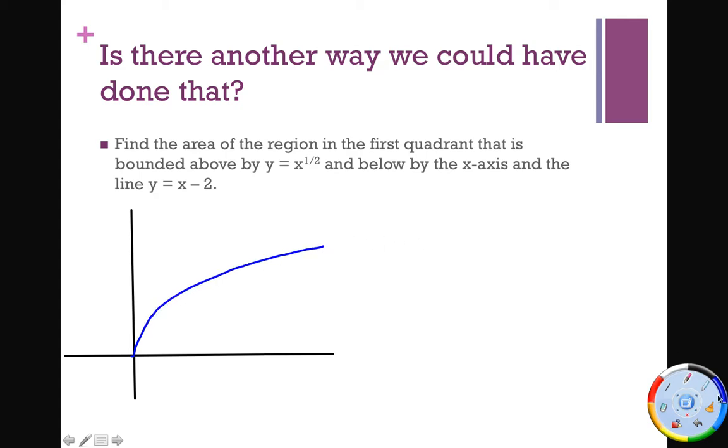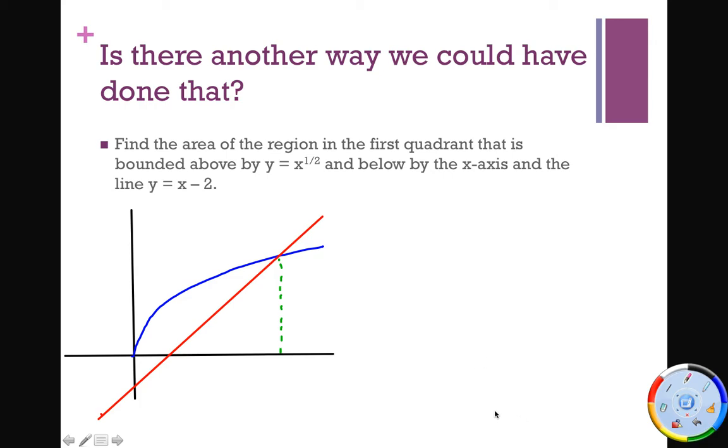So here's the square root function. Here is the line y equals x minus 2. And maybe you saw this. When I drew this dashed line down, maybe something clicked in your head.